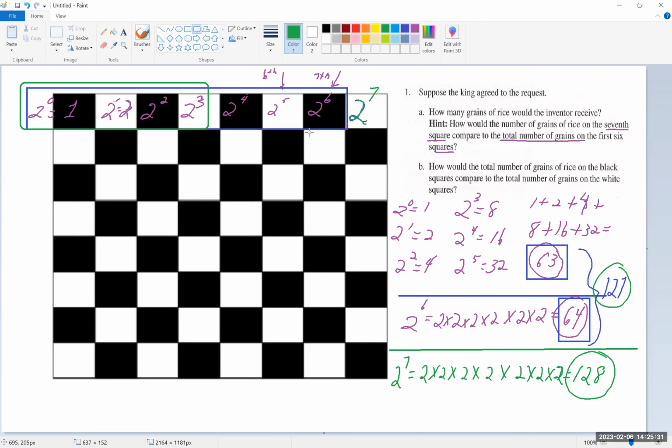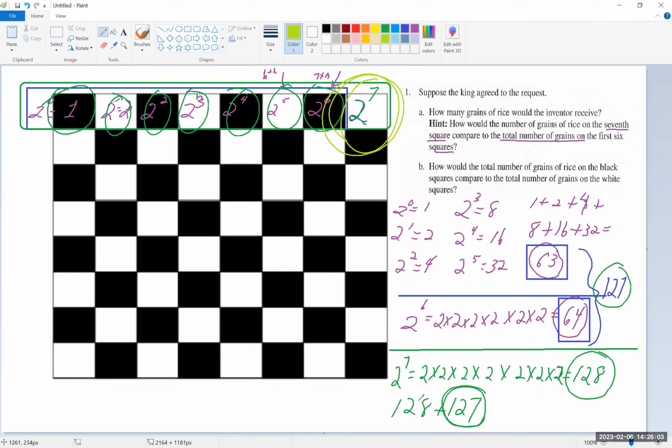All of these are the 128 plus the 128 minus 1, which is 127. Because this is all of these, this one, this one, this one, this one, this one, this one. And then the 128 is this one here.